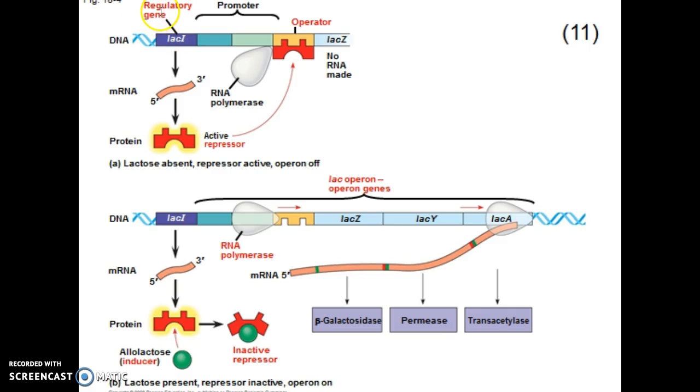So a regulatory gene is number 1. Number 2 is pointing to this red thing on my sheet here, which we are going to title as the repressor protein. Repressor protein is number 2. Number 3 is pointing to the circle right here, which is going to be our inducer.